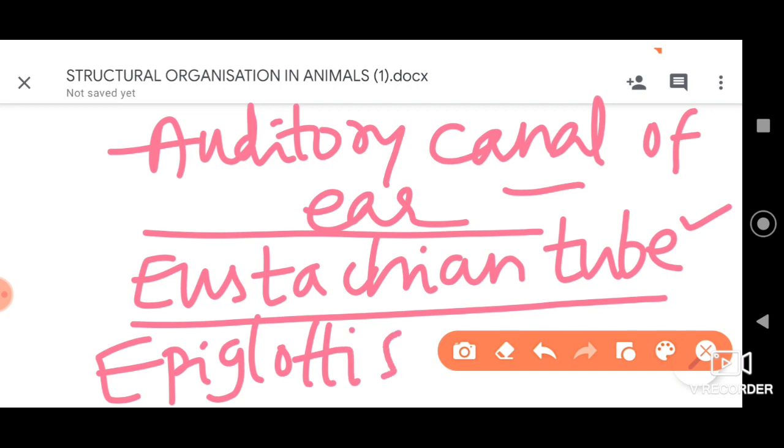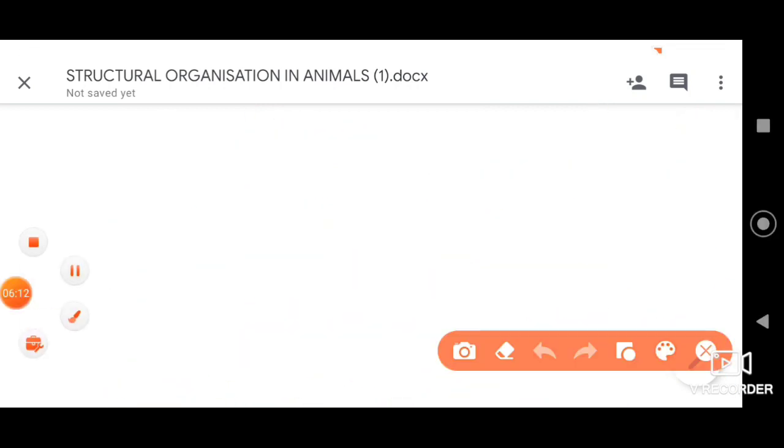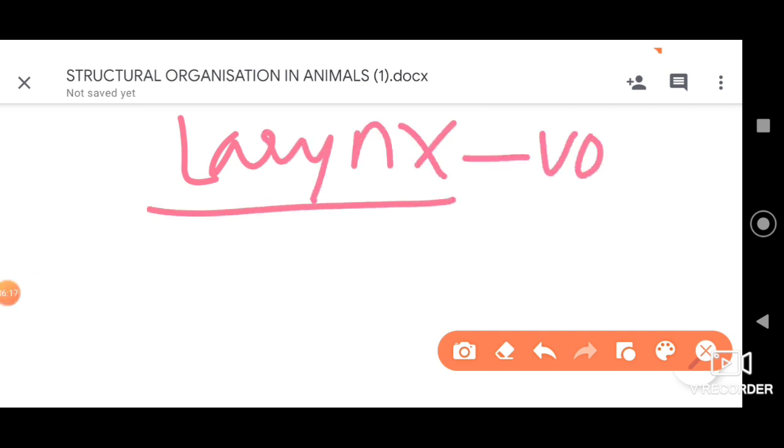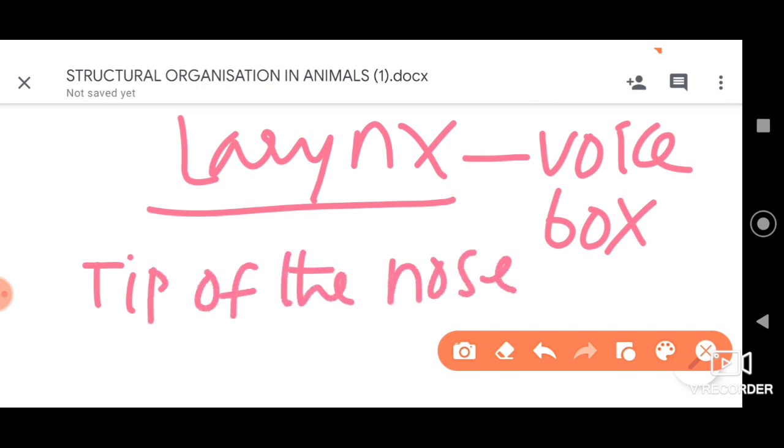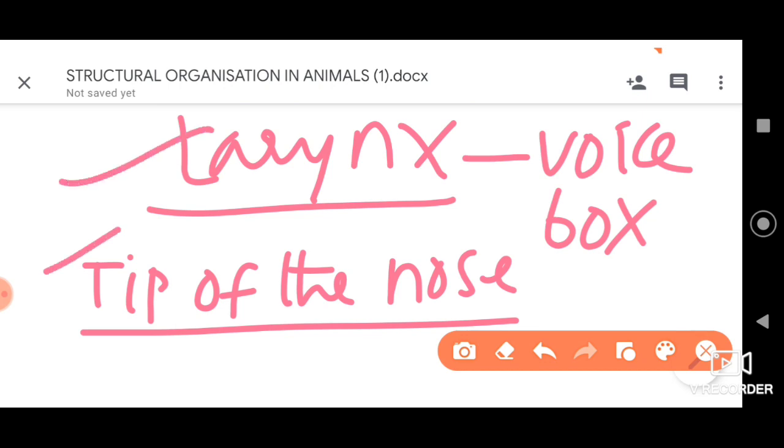Even in a few regions of the larynx, the voice box, we can find this cartilage, as well as in the tip of the nose. So these are the important locations where we can find yellow elastic cartilage: the external ear, auditory canal of the ear, eustachian tube, epiglottis, larynx and tip of the nose.